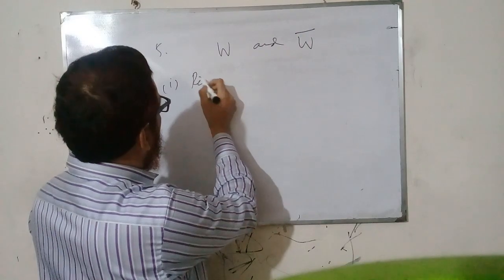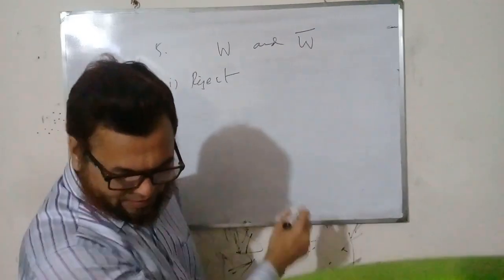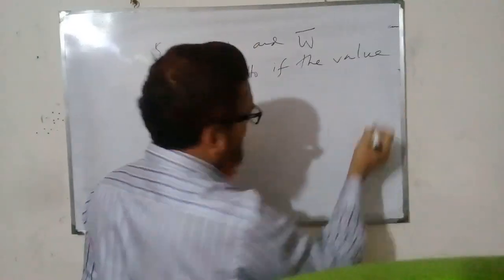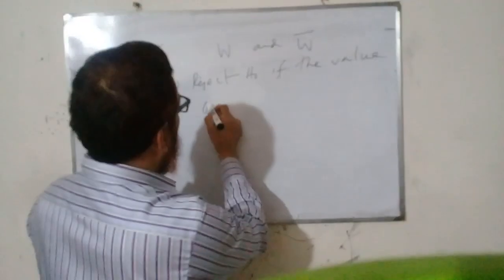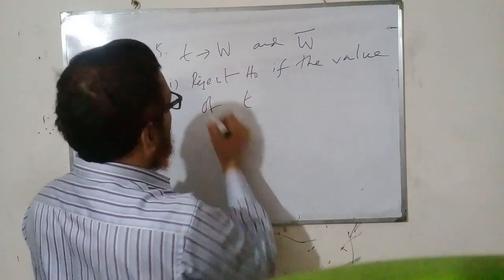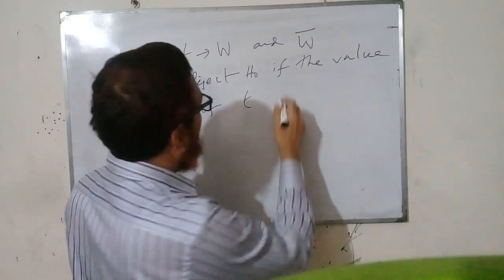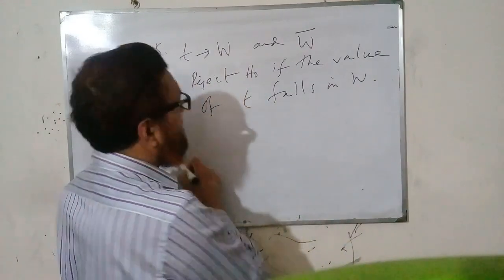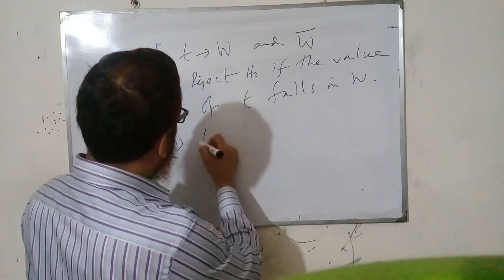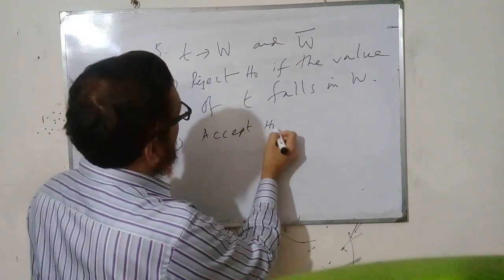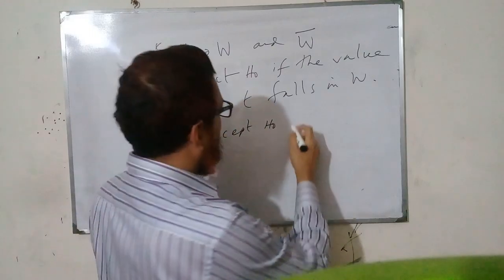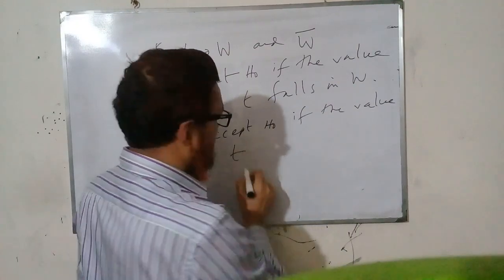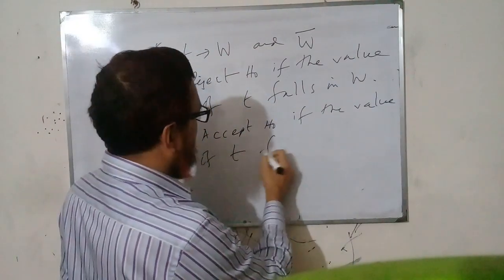Number 1, reject H0 if the value of T falls in W. Number 2, accept H0 if the value of T falls in W bar.